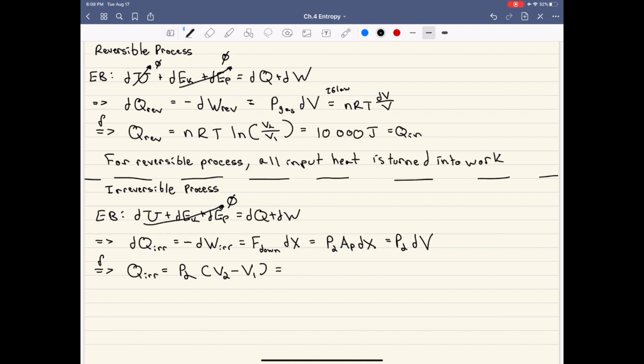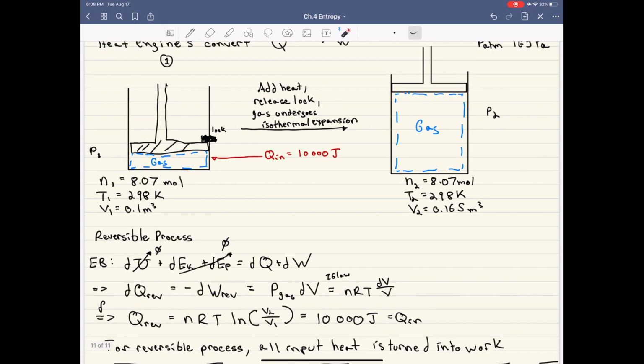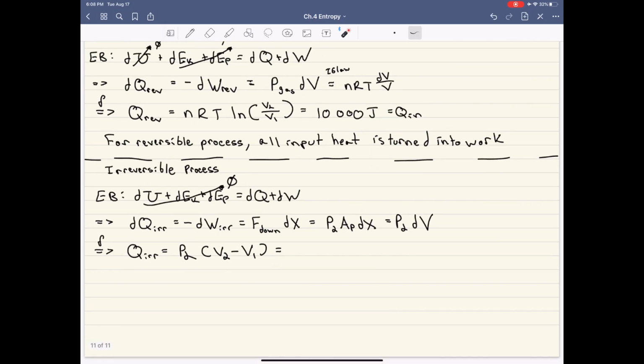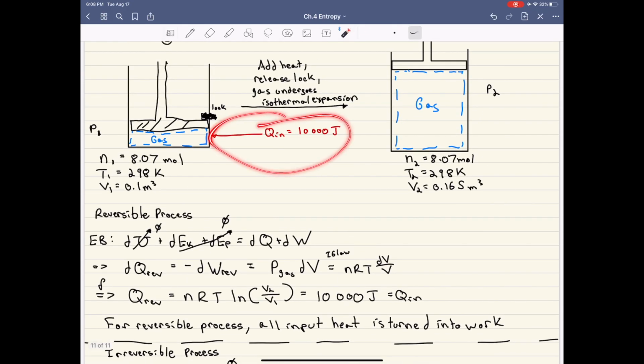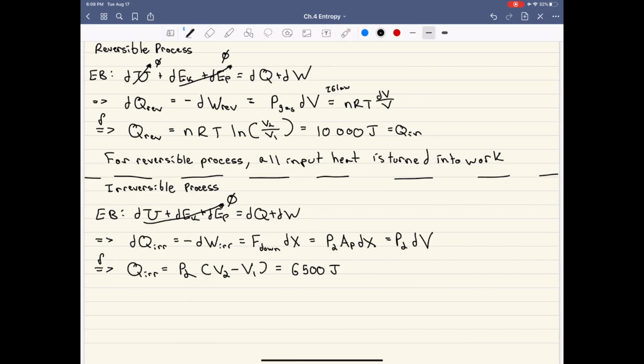And if we take the volume 2 and the volume 1, same parameters that we used for the reversible process, if we plug those in and multiply them by pressure, what we get is 6,500 joules. Okay? And so this number does not match the amount of heat that we put into the system.